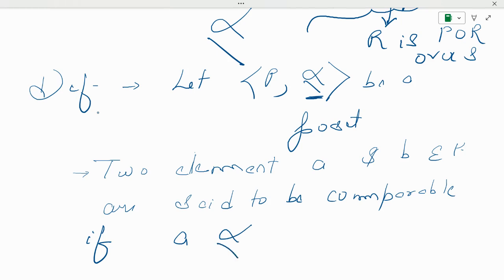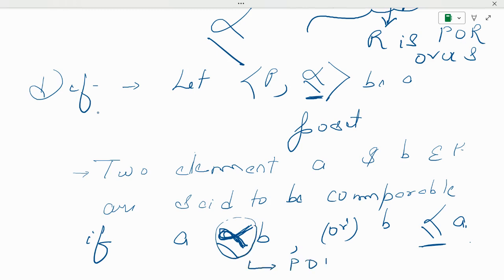A is partially ordered with B, or B has a partially ordered relation over A. Okay, so this is a symbol that denotes POR, I mean partially ordered relation.